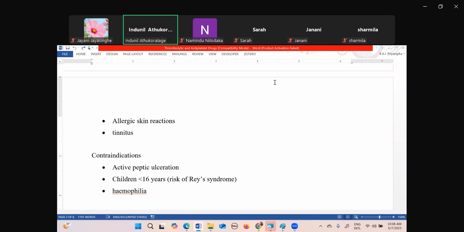Yes, that is also what I explained, right? During my explanation, I said two reasons why we use a low dose. One is, if we can achieve the antiplatelet activity with 75 milligrams, why are we giving 300 milligrams? Because giving 300 milligrams costs more, and we also get more side effects.